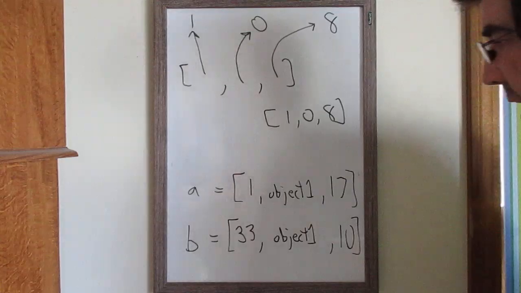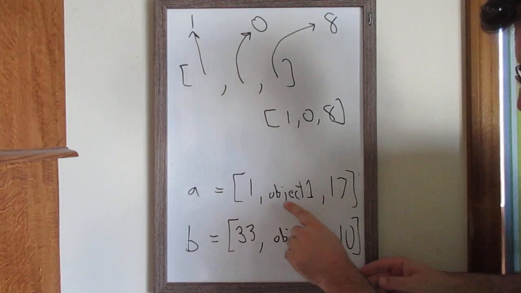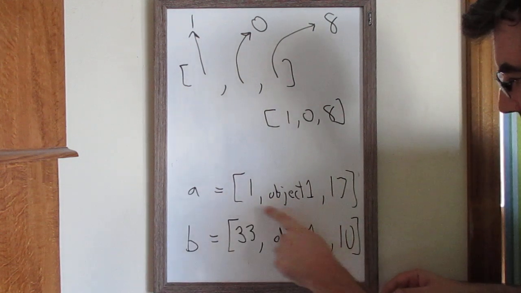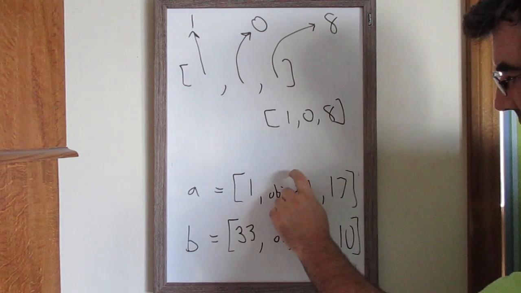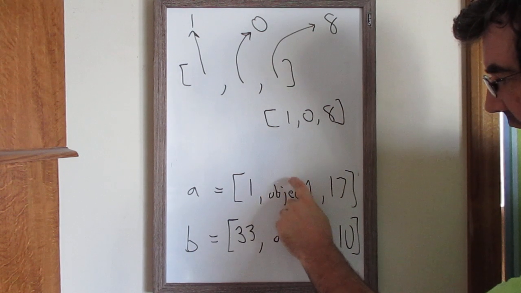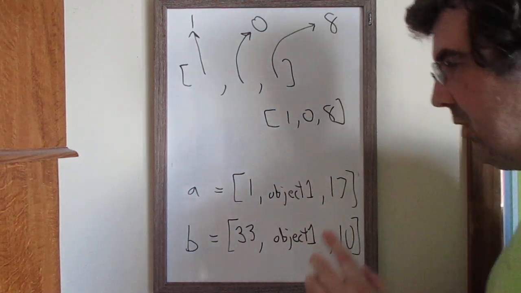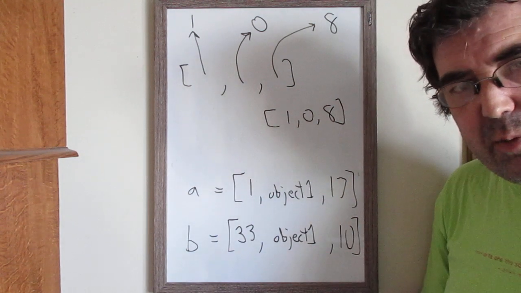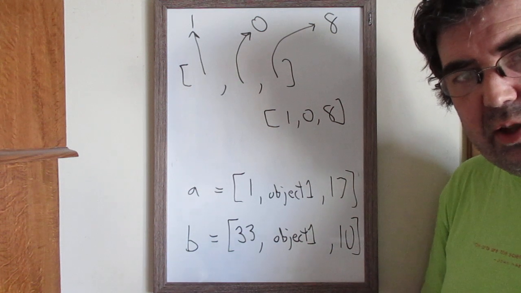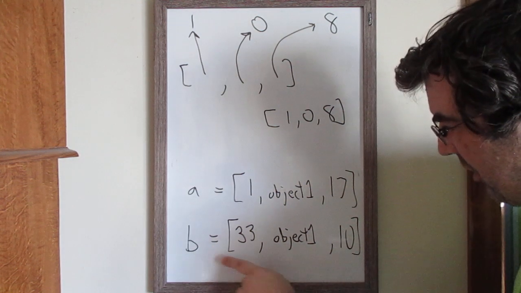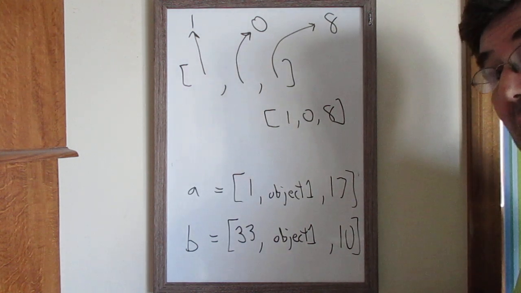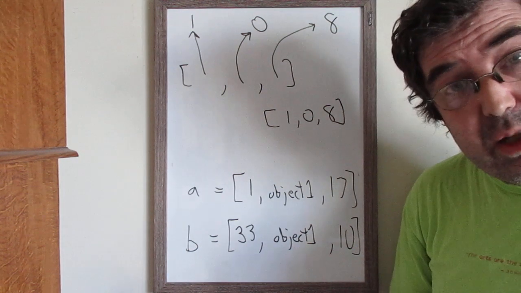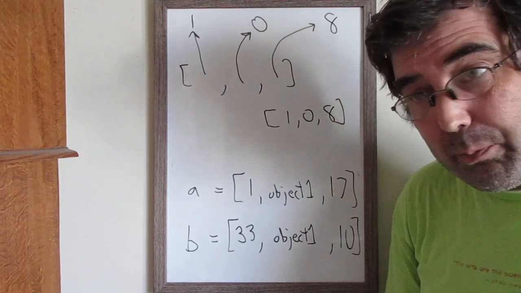Okay? So what this means, when I do this, is that inside this array is a pointer to the location on the memory chip where object 1 is stored. And then here's another array, the array B, and I have another pointer but to the same location on the memory chip, the same copy.